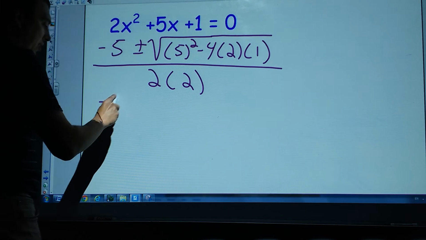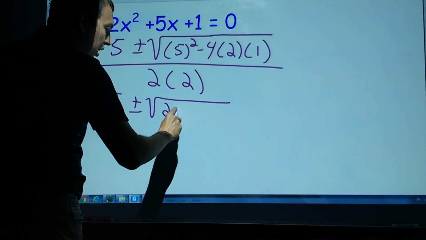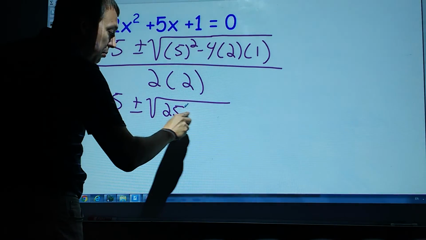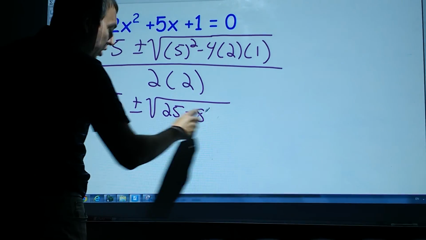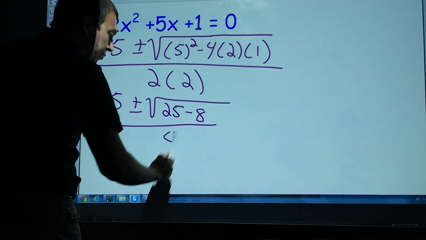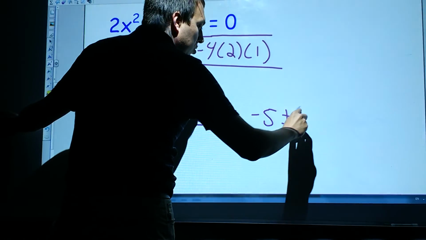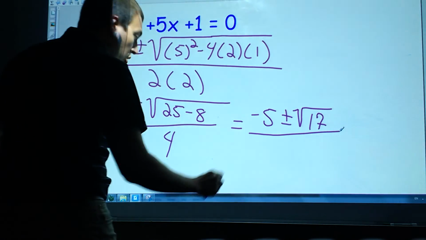And we get negative 5 plus or minus the square root of 25. There's one minus here. There's not 2. So it's going to be minus 4 times 2 is 8, times 1 is still 8, over 8, all over 4. So this is minus 5, plus or minus square root of 17, all over 4.